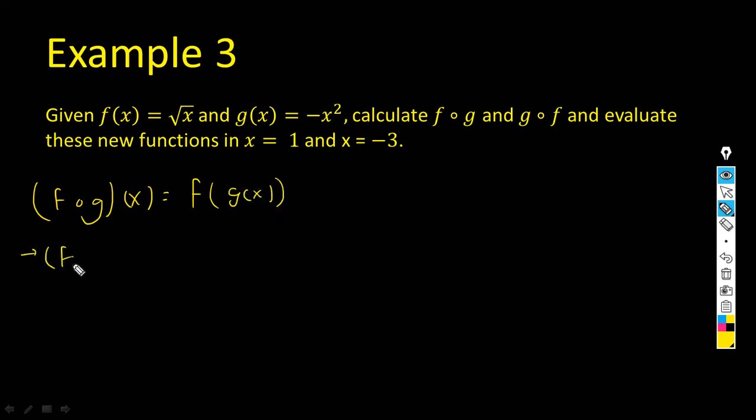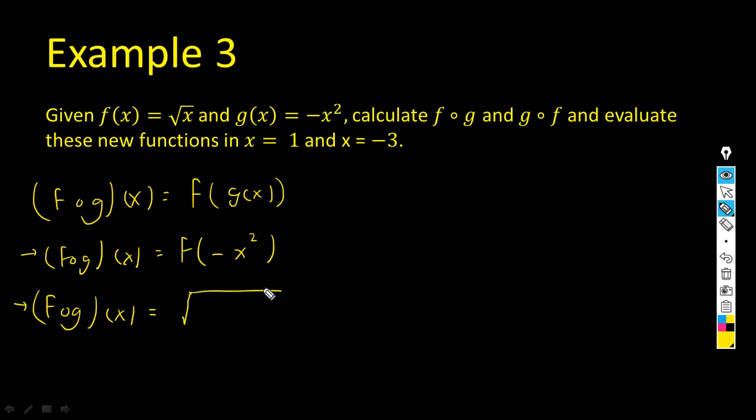So we continue working. I'm gonna work as fast as I can. F evaluated in g of x, which is minus x squared, and then f of g of x equals f evaluated in minus x squared. So since f is equal to the square root of x, this is going to be equal to the square root of minus x squared. So this is f of g of x.